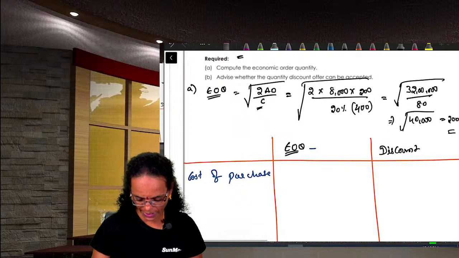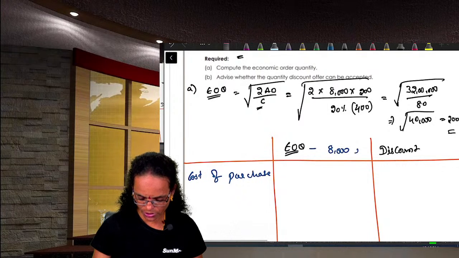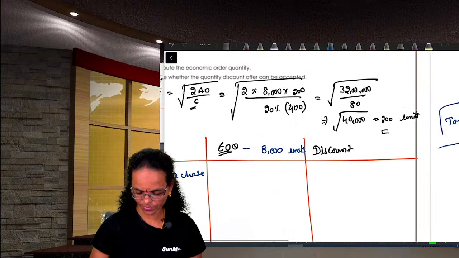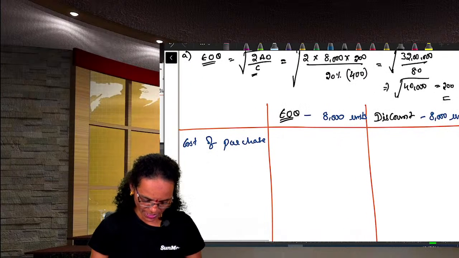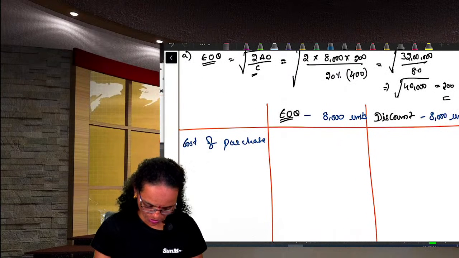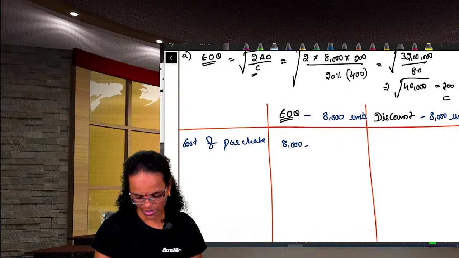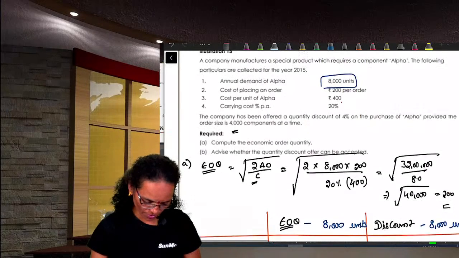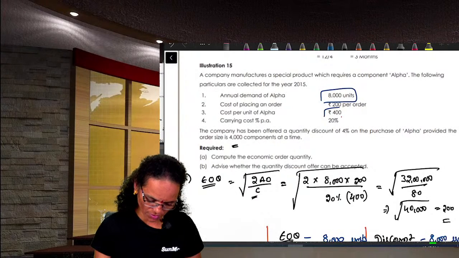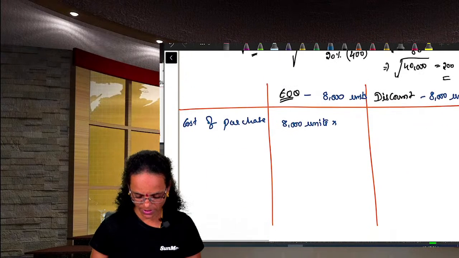So you write 8,000 units. Here also 8,000 units. See, purchase cost. 8,000 units are required. If we are going under EOQ, the cost of component is 400 rupees.